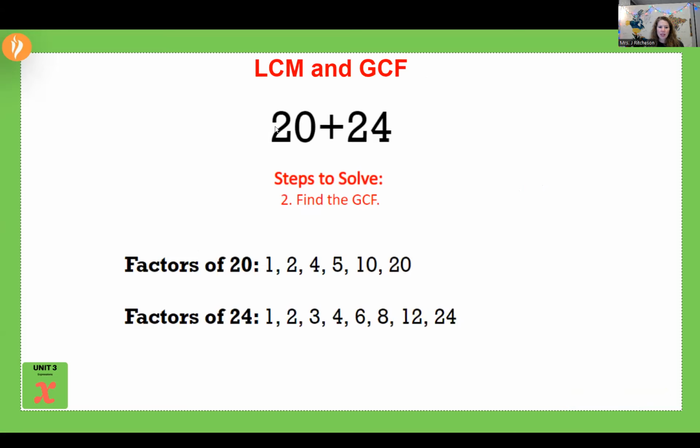Okay, so the other thing I wanted to talk to you about, and this is for Monday's lesson, so you might need to come back and watch this again on Monday, is sometimes you're going to be given an expression like this, and you need to find common factors. So basically what we're doing here is we're going to do the opposite of the distributive property.